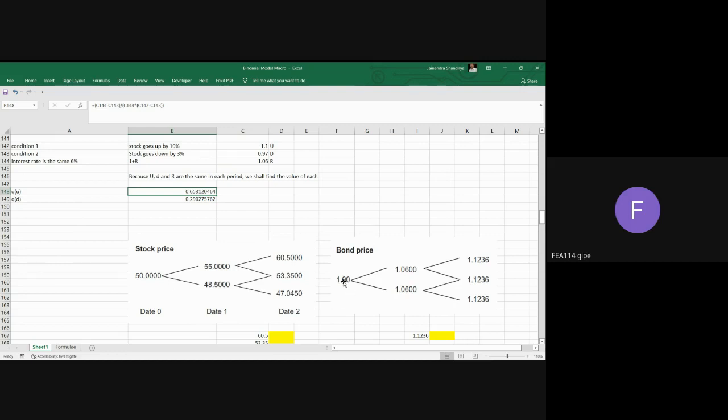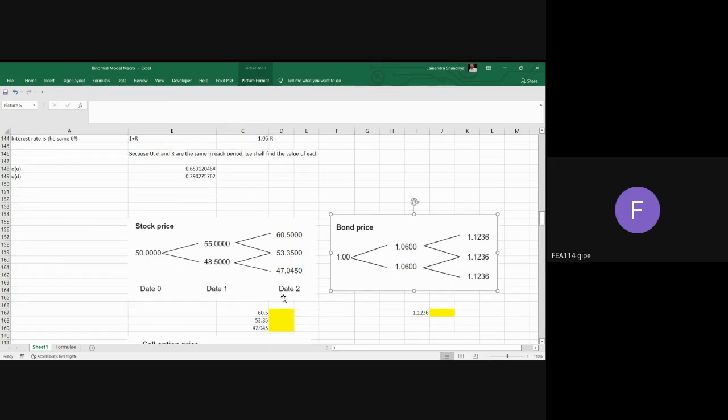On the other hand, in case of the bond, rupee 1 becomes 1.06 in the next period, and it becomes 1.1236 in the next period, irrespective of the paths that the stock takes. Whether the stock goes up or goes down, the bond will invariably give you these two returns, 1.06 at date 1 and 1.1236 at date 2.